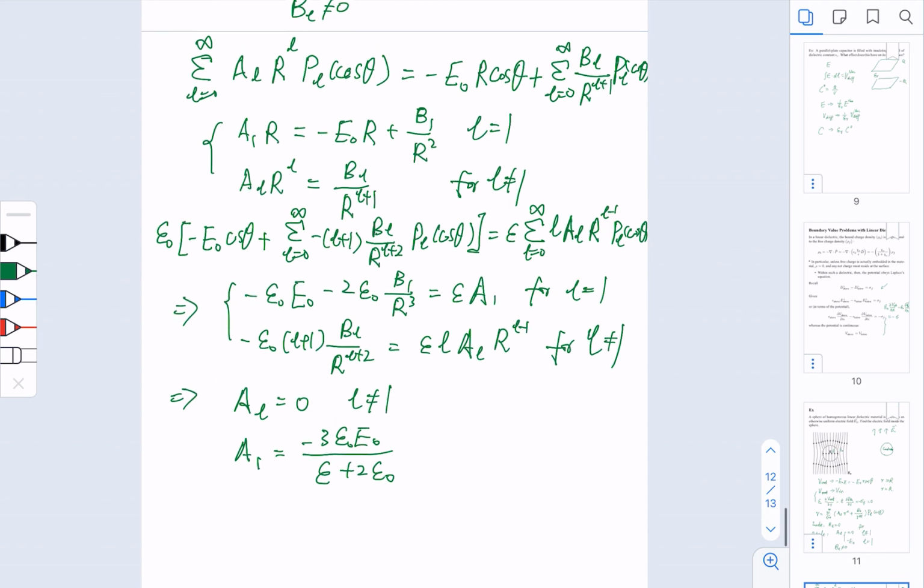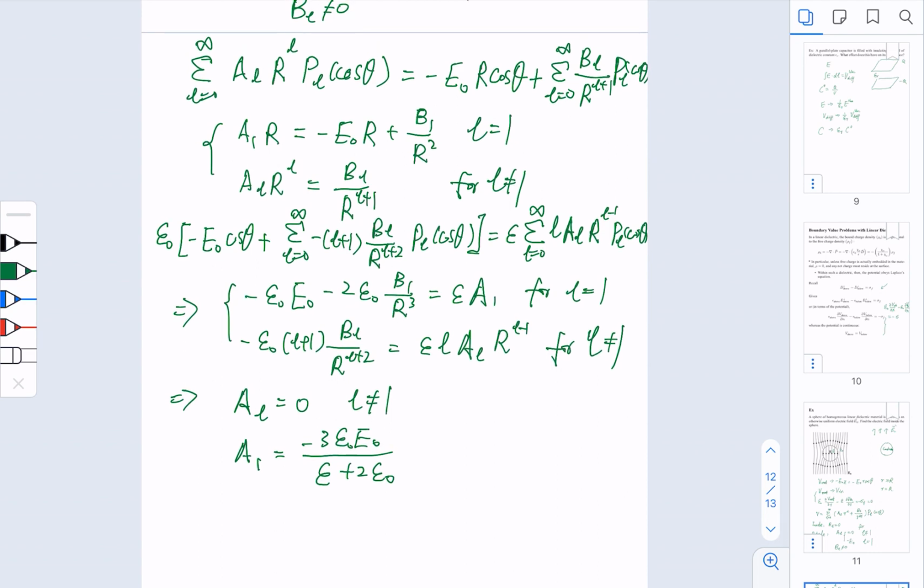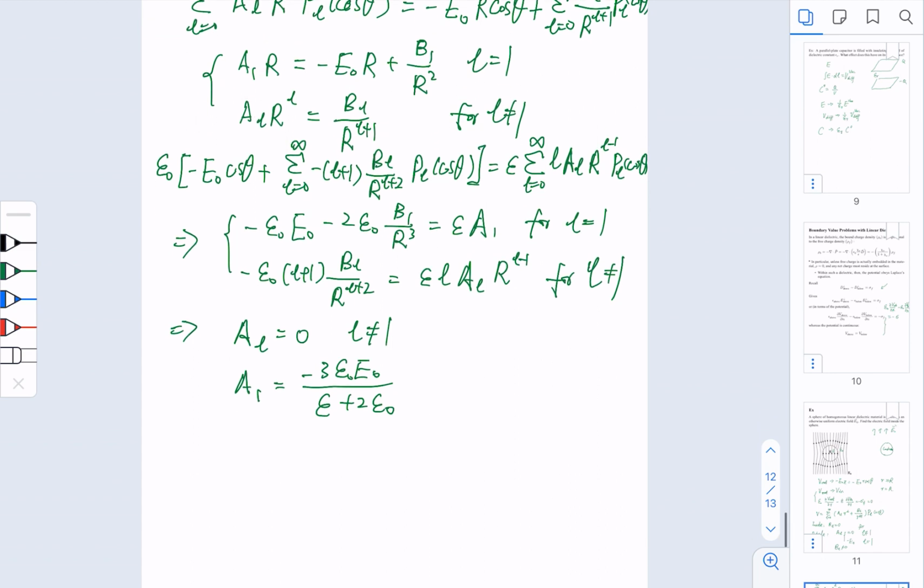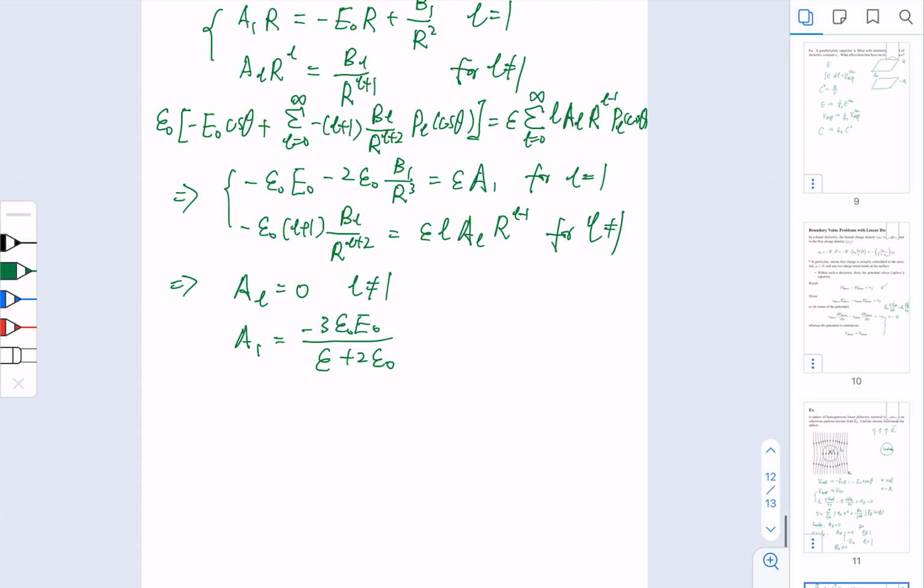Then the B_L's can simply be related to A_L through the expression over here. So now if I look at the potential inside of this sphere, it's actually something very simple.